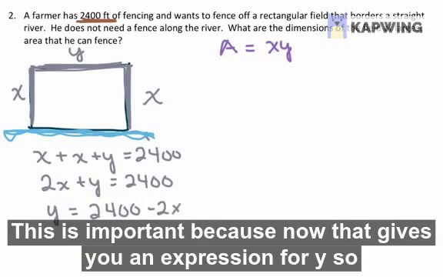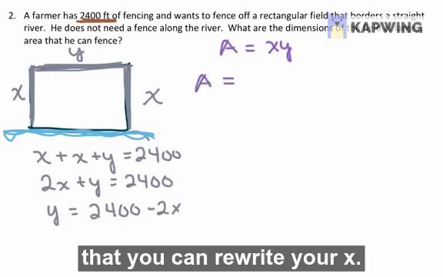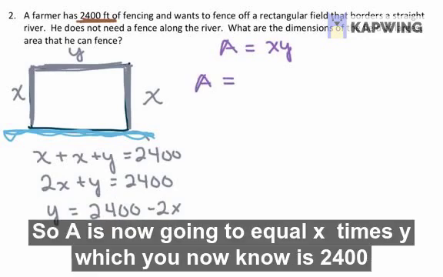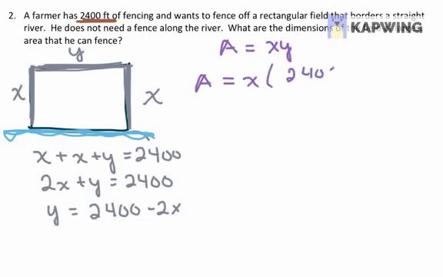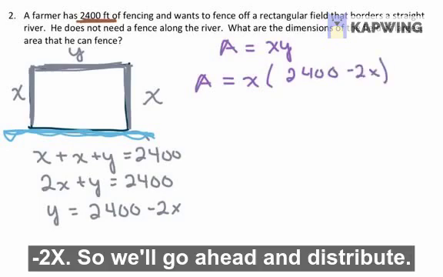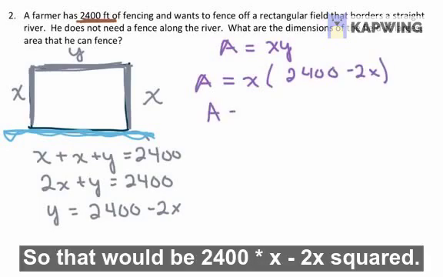This is important because now that gives you an expression for y so that you can rewrite your area. So A is going to now equal x times y, which you now know is 2,400 minus 2x. So we'll go ahead and distribute. So that would be 2,400 times x minus 2x squared.